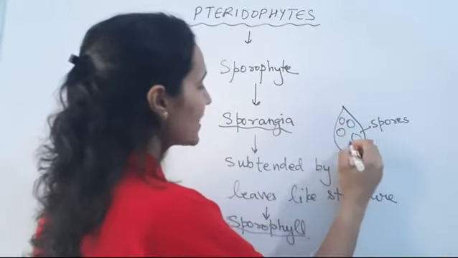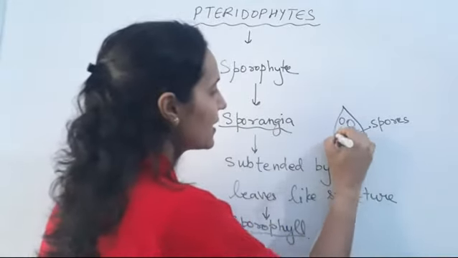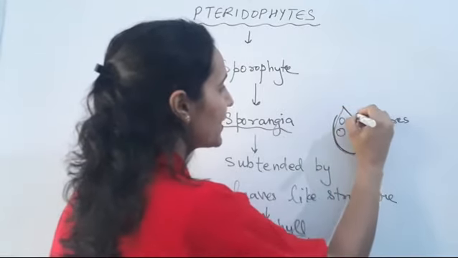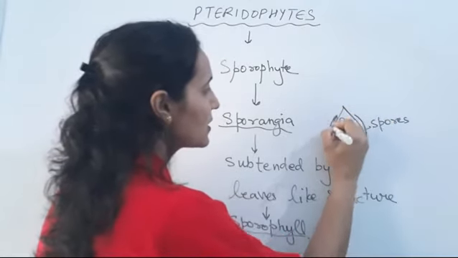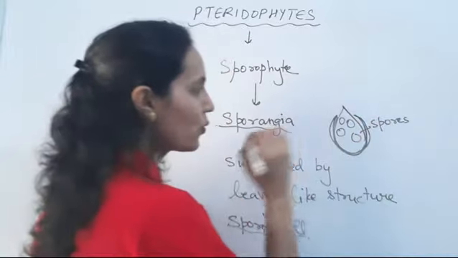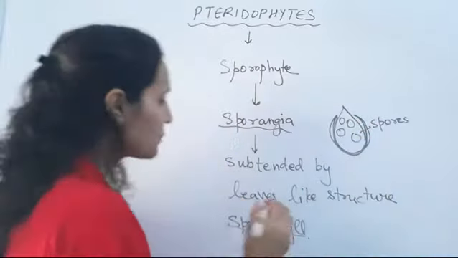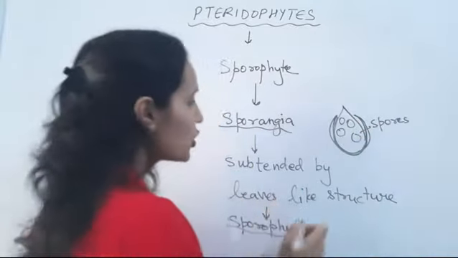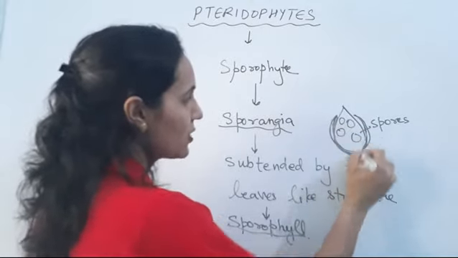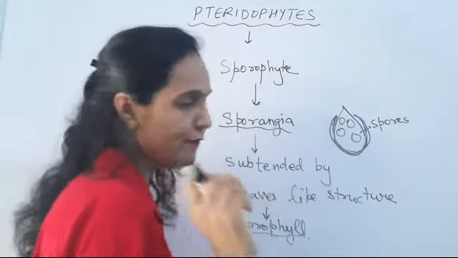So basically this cone, or you can say this sporangia, is subtended, meaning surrounded, by leaf-like structures, which are known as sporophylls. Clear? Phyll, I told you, means leaf. So they are subtended by leaf-like structures. That's why it is known as sporophyll. Clear, beta?